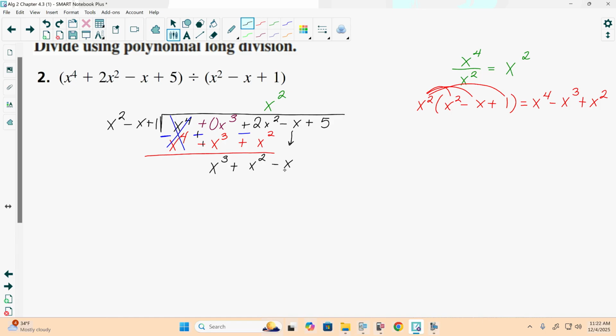And since we're finished doing our subtraction, we'll bring the next term down. We'll bring that negative x down, and we'll repeat this process again.